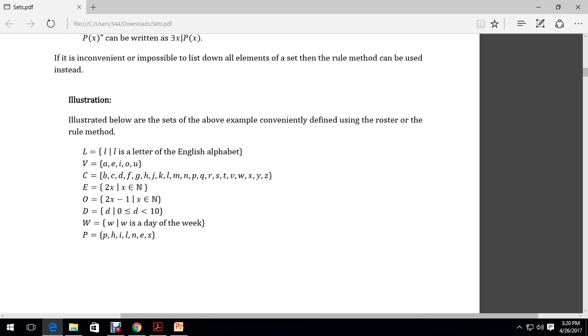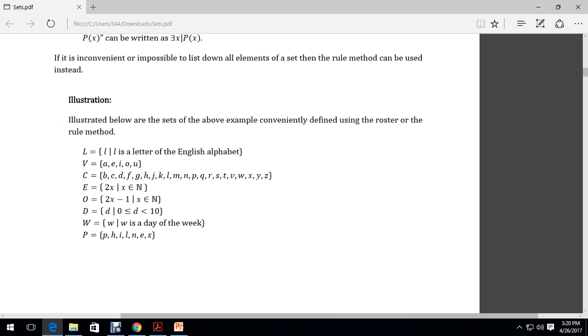Now set V, since set V is the set of all vowels of the English alphabet and it has only 5 elements, then it is more convenient to list down all the elements instead of defining a lengthy statement for the rule method.